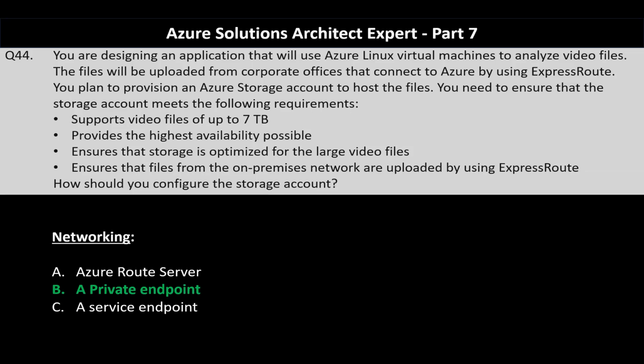Now, Azure Route Server is primarily designed to facilitate dynamic routing between network virtual appliances and virtual networks. It makes integration easier for network virtual appliances such as firewalls or routers by using the Border Gateway Protocol. Service endpoints extend your VNet's private address space to Azure services over Microsoft's backbone, thereby providing secure access.